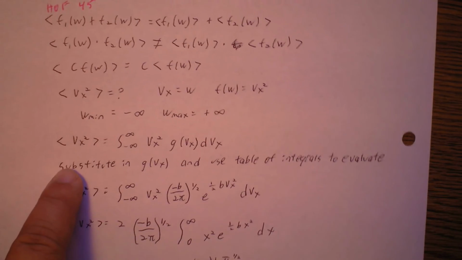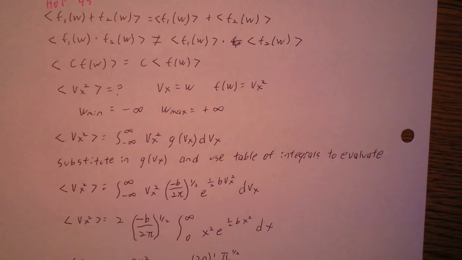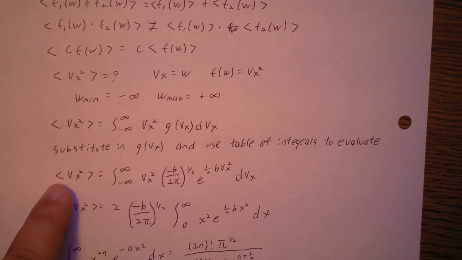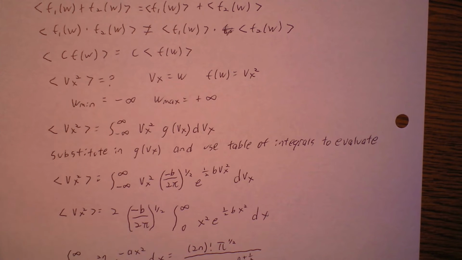So we're going to substitute in g of v of x and use the table of integrals to find out what that is. The average x component of velocity squared is equal to the integral from minus infinity to infinity of v of x squared times this quantity, minus b over 2 pi to the 1/2, times e to the 1/2 b vx squared dvx.